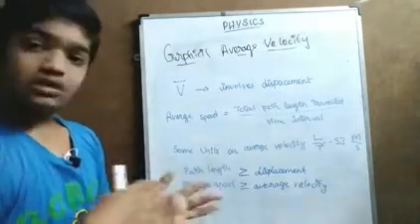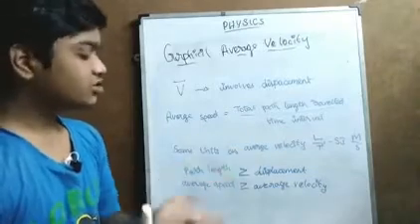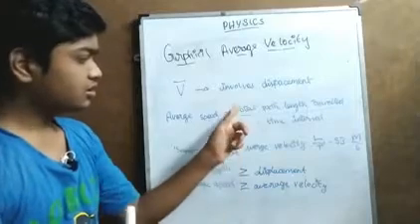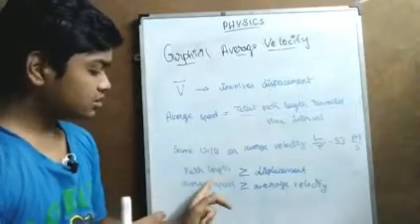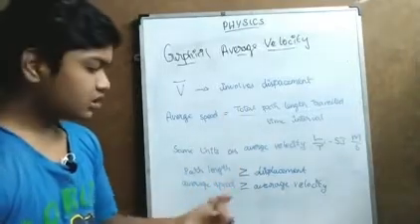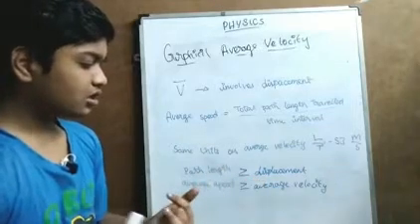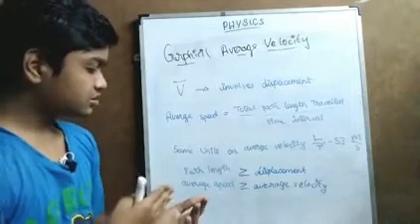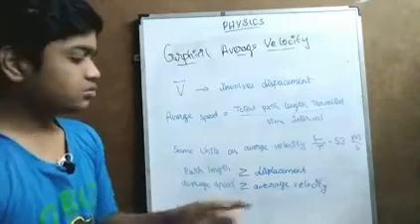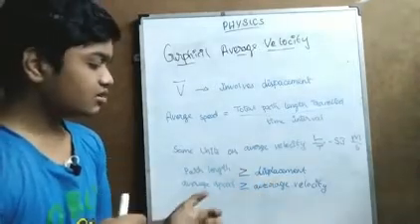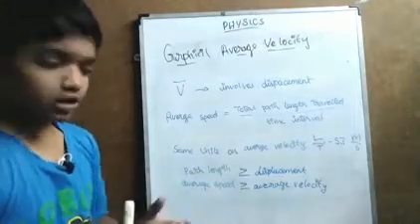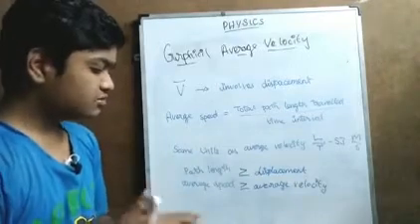Now we are going to compare the average velocity and average speed. In the average speed, it is path length, which is the distance, and in velocity, it is displacement. The path length is greater than or equal to displacement, and the average speed is also greater than or equal to average velocity.